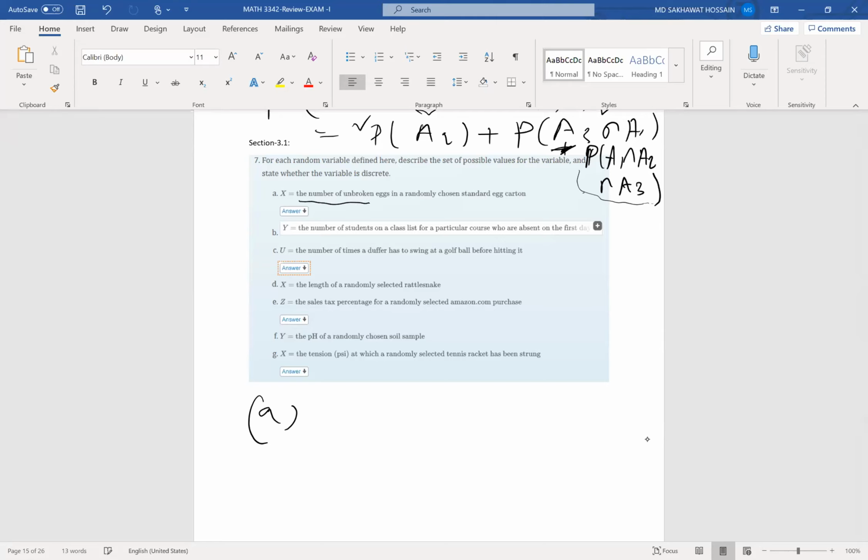The number of eggs is a whole number, so X can be 0, 1, 2, 3, and so on. This is discrete because X can take only discrete values. So this is a discrete random variable.